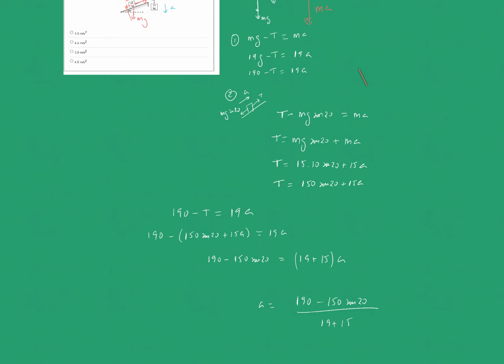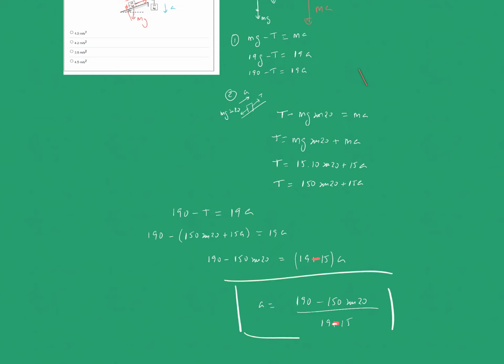Solving, I take 190 minus this, and the 15a will go like this, so I made a mistake here. It will be 190 minus 150 sine of 20 minus 15a, so the acceleration will be here.